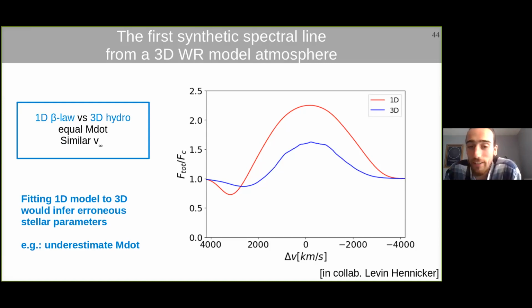So already that effect can change the equivalent width of your lines. I don't think that's per se a 3D versus 1D effect alone, but also the expansion of the wind.